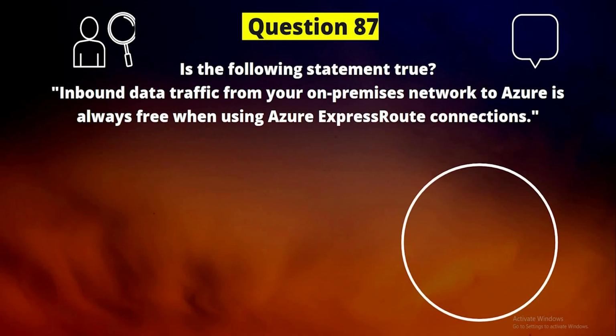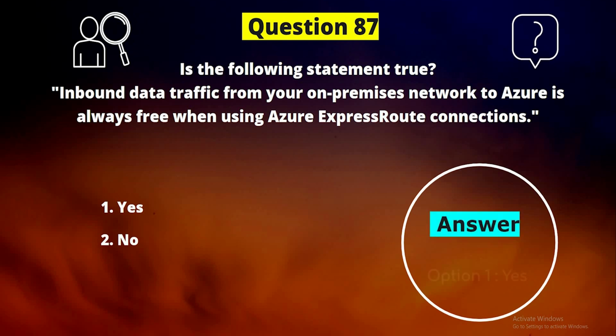Question 87. Is the following statement true? Inbound data traffic from your on-premises network to Azure is always free when using Azure ExpressRoute connections. And the options are option 1, yes, option 2, no. And the correct answer is option 1, yes.